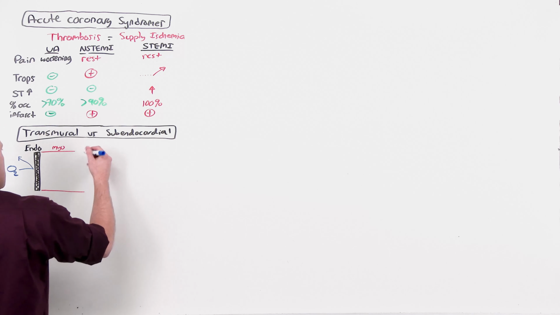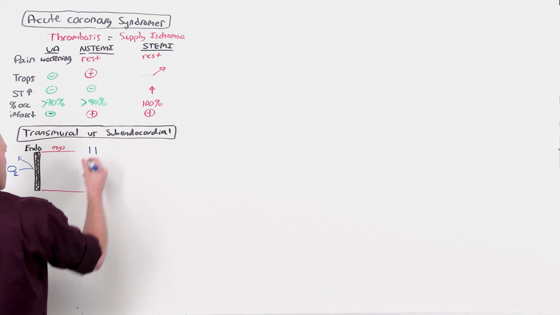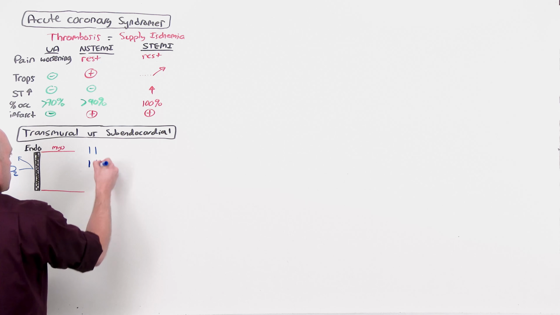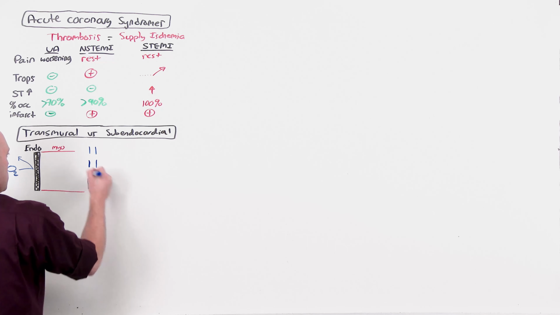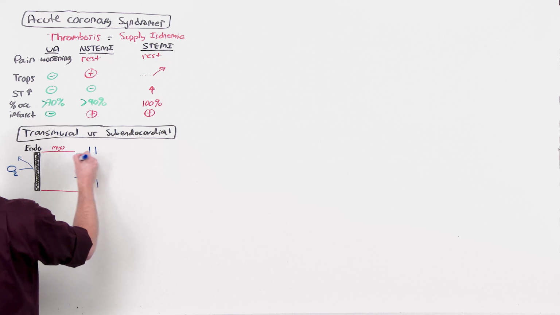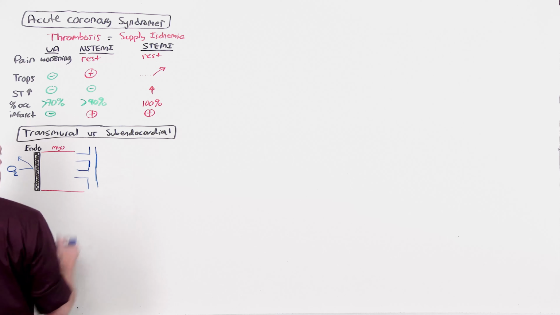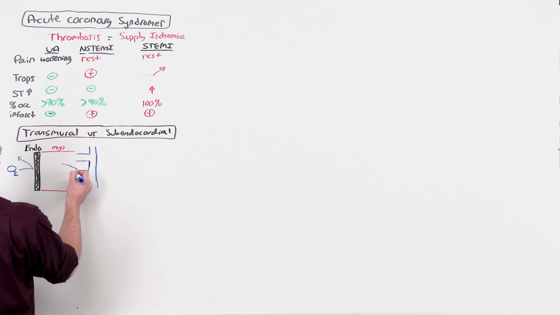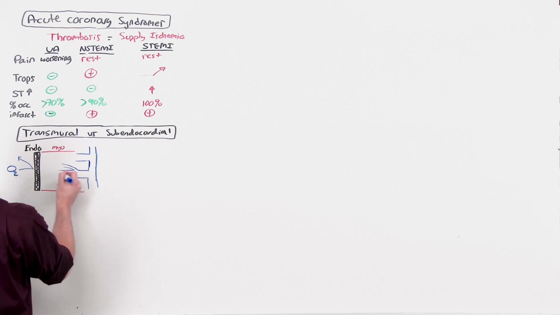Running in the epicardial fat are the epicardial branches of the coronary arteries. These will give rise to transmural arteries that penetrate the myocardium and then give rise to arterioles, which then give rise to capillaries.